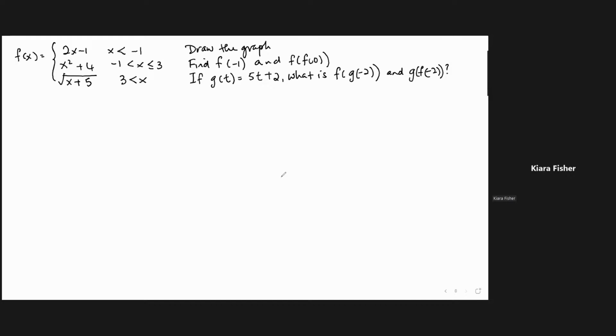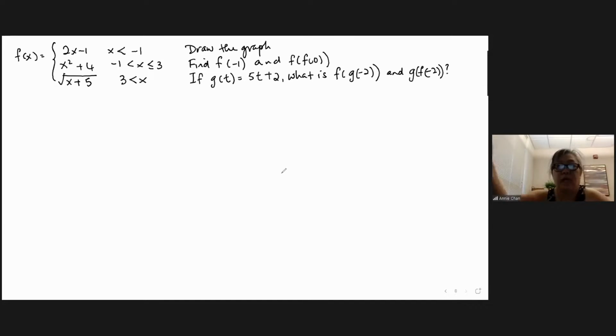You don't have to draw the whole thing, just draw a little bit longer. So for every single equation, find a few points to draw the graph. Let's just work with 2x minus 1. So x, y. Because this piece covers the area where x is less than -1, have some of your x values be negative numbers.